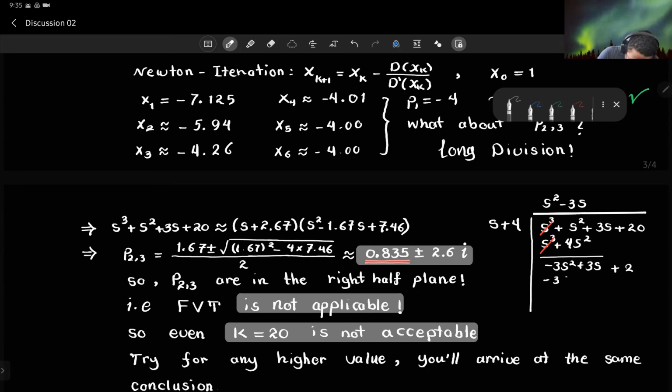So negative 3s plus, or sorry, negative 12s. So you subtract that, these cancel. So you get 15s plus 20.